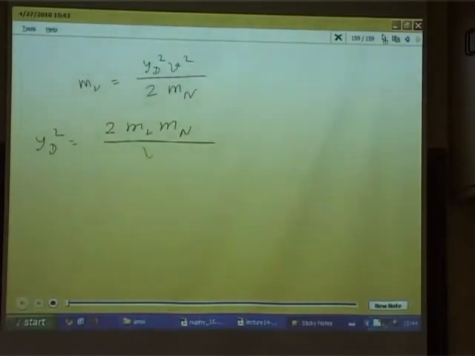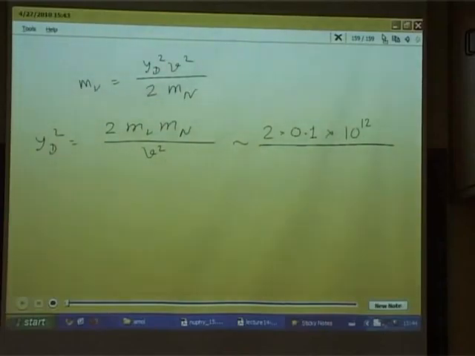So let's see. 2 mu is about 0.1 electron volts. Okay, so let's say 0.1 electron volts. Mn, let's say TeV. So TeV is 10 power 12 electron volts.